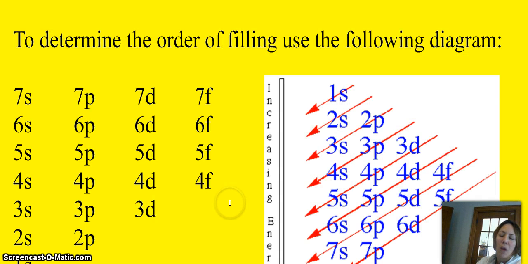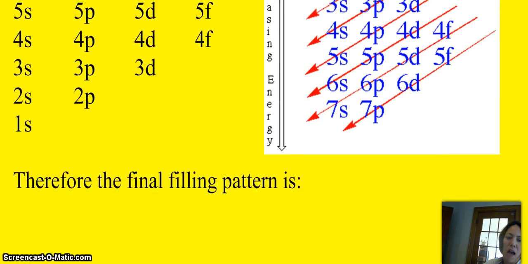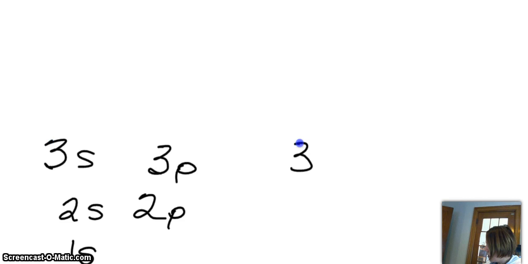Okay, so when we say we fill from lowest energy possible to highest energy level, we use this diagram over here. I like to use this diagram where I'll redraw it for you as best I can, but we start down here at 1s, and then up above it is 2s, and next to 2s is 2p. And then we have 3s, 3p, 3d.